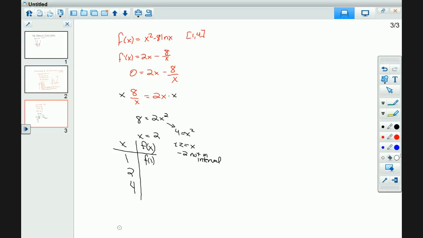F of 2 is 4 minus 8 ln 2. Or whip out your calculator and dial it in. Got 4.